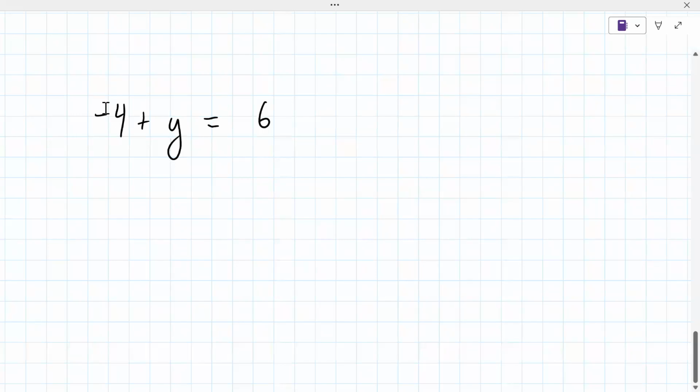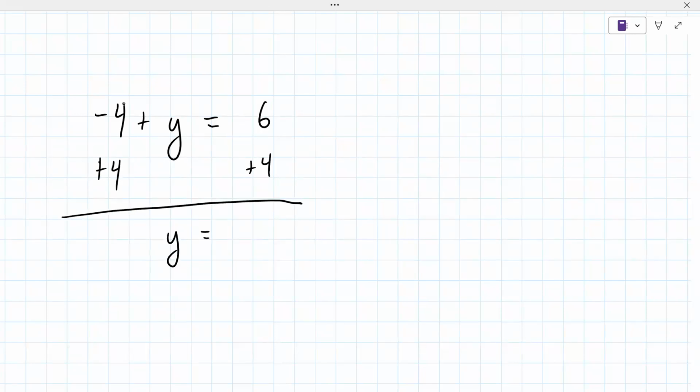Do you switch it to addition? You undo with addition. So +4 +4, and then 6 plus 4 will equal y equals 10. Good. Very good.